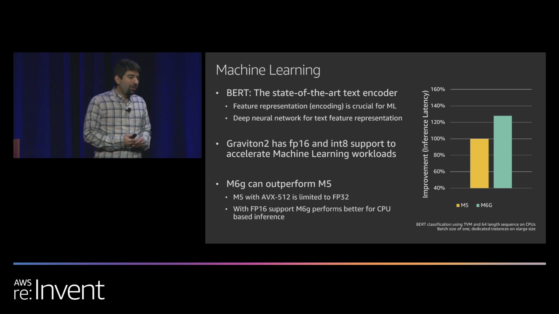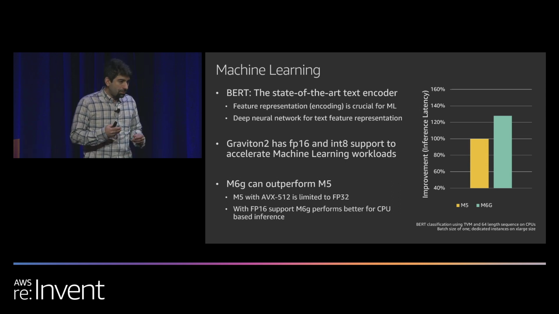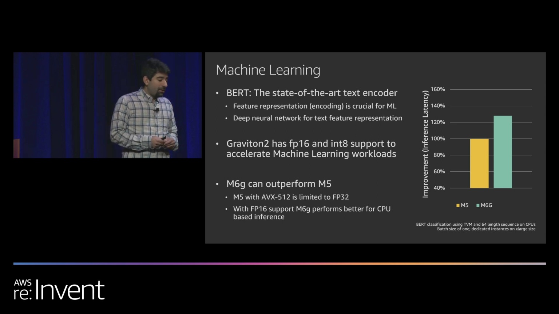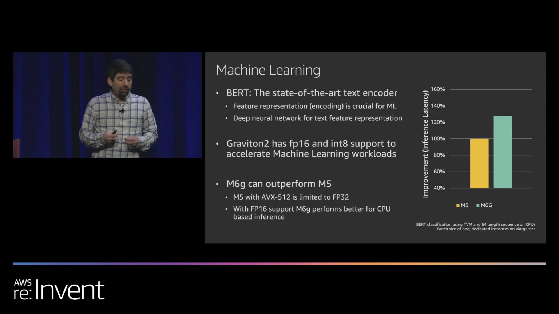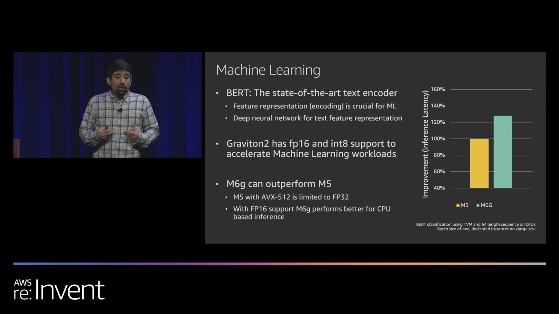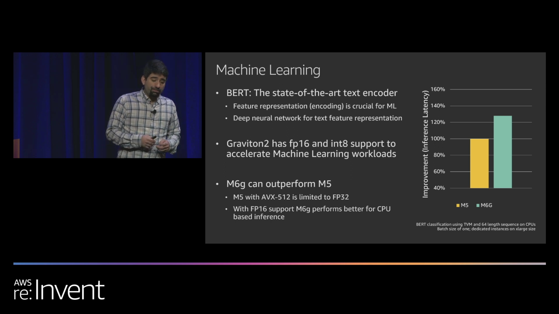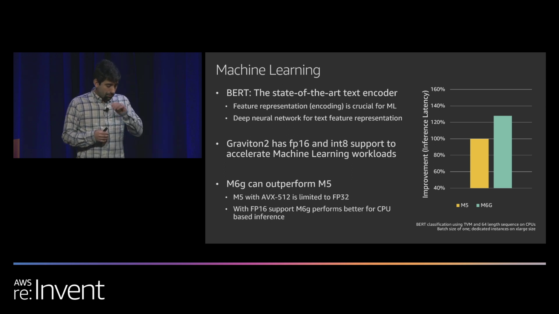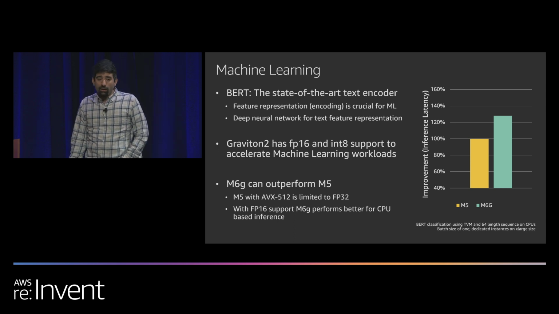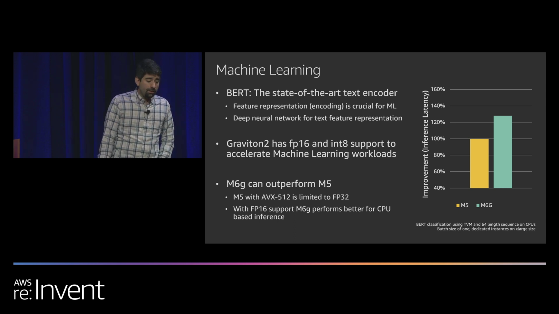And machine learning. Our machine learning team has been playing with these instances. And one of the things that is critical for ML is feature representation. So BERT is a state-of-the-art text encoder. And I mentioned several slides ago, we have specific instructions to accelerate ML, FP16 and int8.